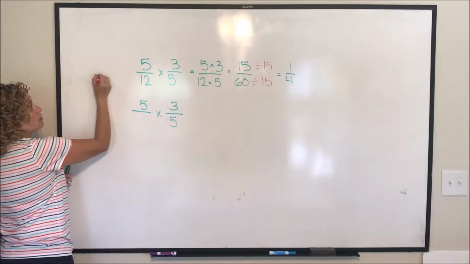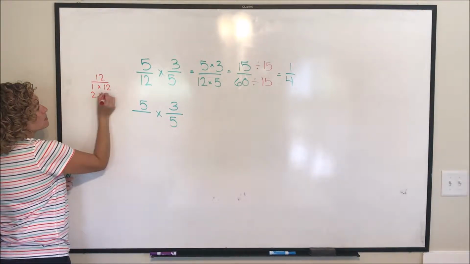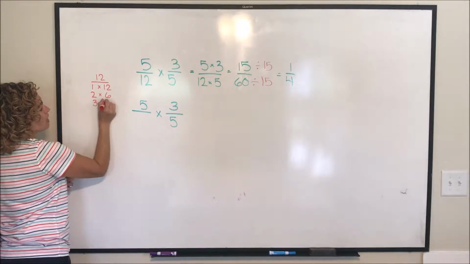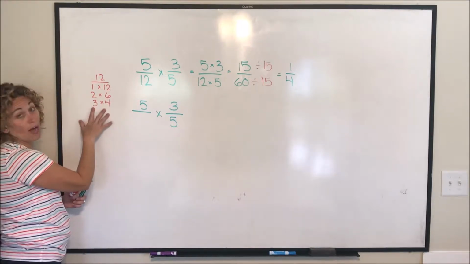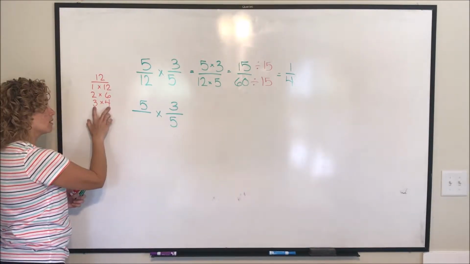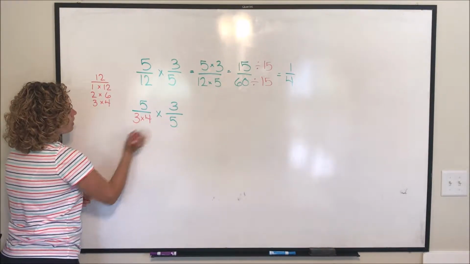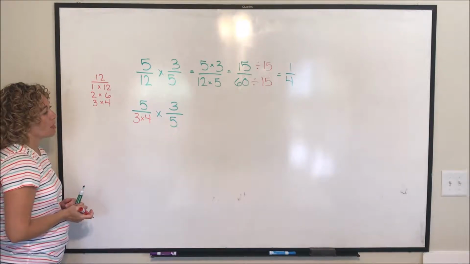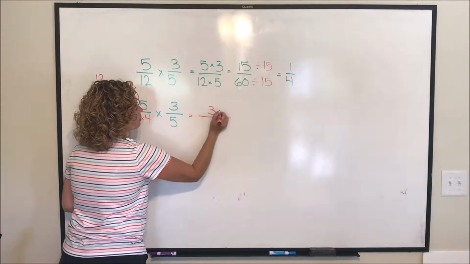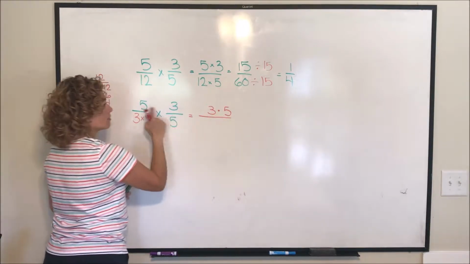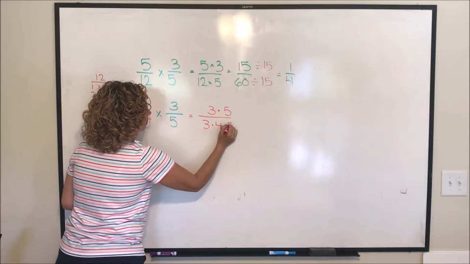Now 12 is actually 1 times 12, 2 times 6, and 3 times 4. When I look at these numbers, I don't have any 5s here, but I do have a 3. So it would be easier if I wrote 12 as 3 times 4. Now, I'm just going to write the 3 and the 5, and over here I have a 3, 4, and a 5.